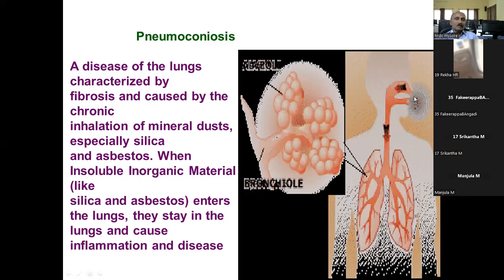Whatever dust particle you take in enters the body, the windpipe, the bronchi, the bronchioles, and ultimately it may deposit anywhere in the balloon-like structure that looks like a bunch of grapes. It is called technically alveoli.